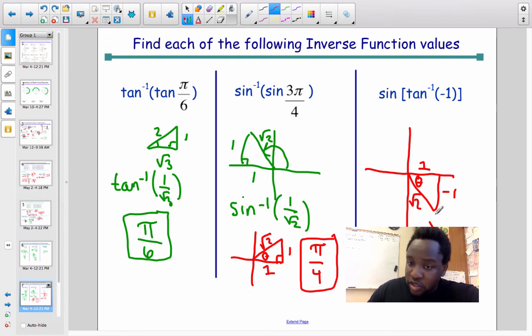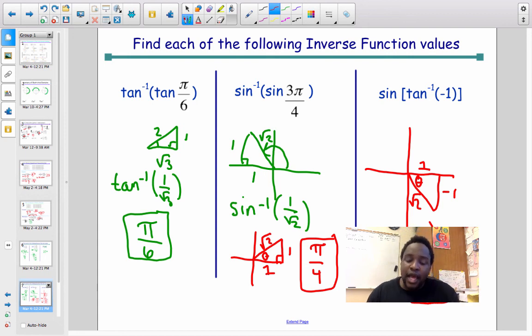We can still use this same scenario, but sine is opposite over hypotenuse, negative 1 over root 2. So our answer would be negative 1 over root 2, which is equal to negative root 2 over 2. Since it's an answer, it's nice to have the denominator rationalized.